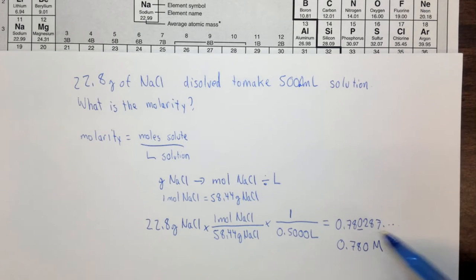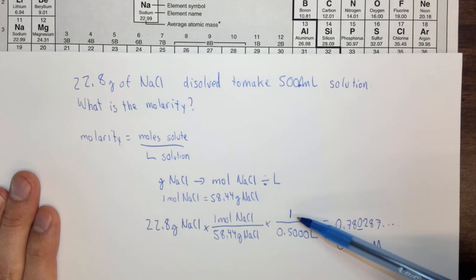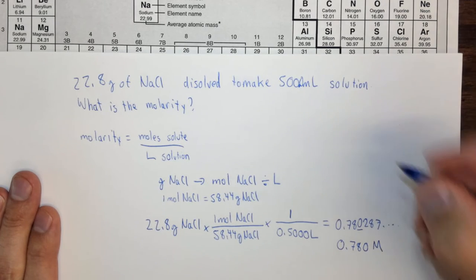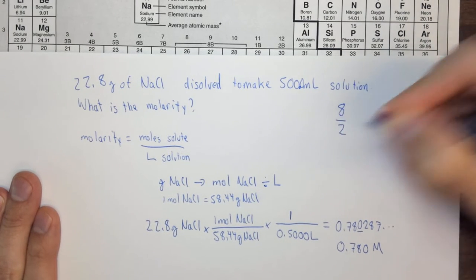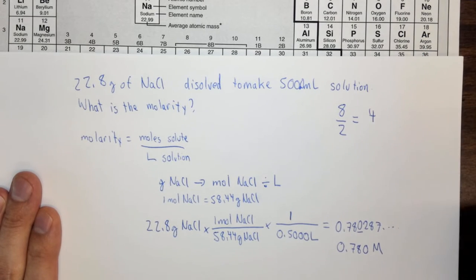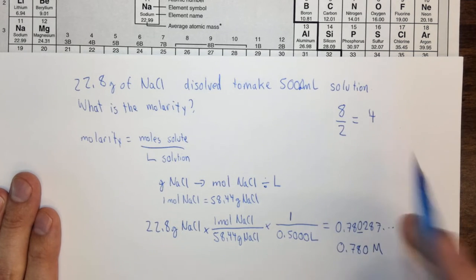Now a minute ago I said that if you want to divide in dimensional analysis, you want to take 1 over the number for multiplication. Let me just show you that in a practical example. Let's say we have the number 8 and we want to divide it by 2. If you take 8 divided by 2, you get 4. Well, if you can only multiply, because in dimensional analysis you are forced to multiply, what would you want to multiply 8 by to get 4?